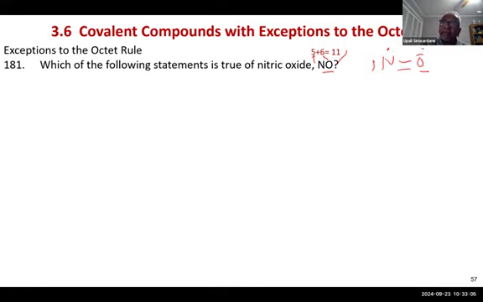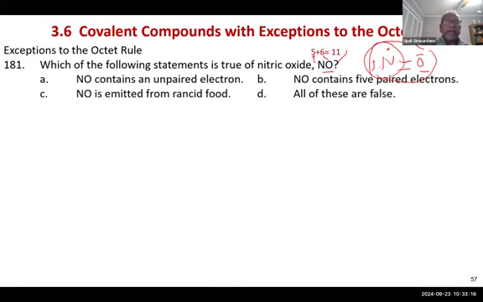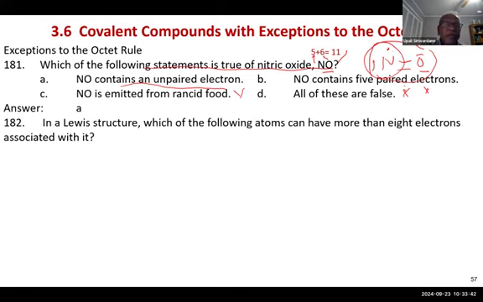Therefore, it has an unpaired electron. This is never going to satisfy the octet rule. So NO contains an unpaired electron. That is the answer. It's an exception to Lewis structures.